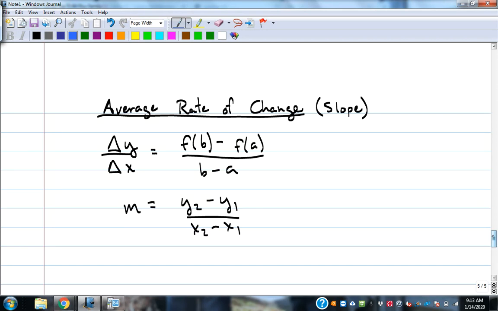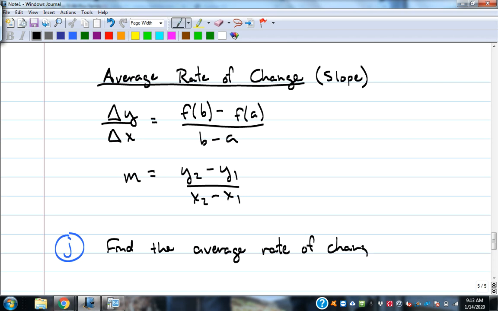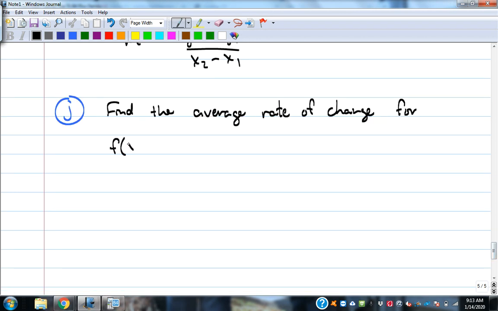Now, where it gets a little bit more complicated is when we put it in the college context. We want to find the average rate of change for f of x equals 2x squared minus 5x over the interval 1, 5.